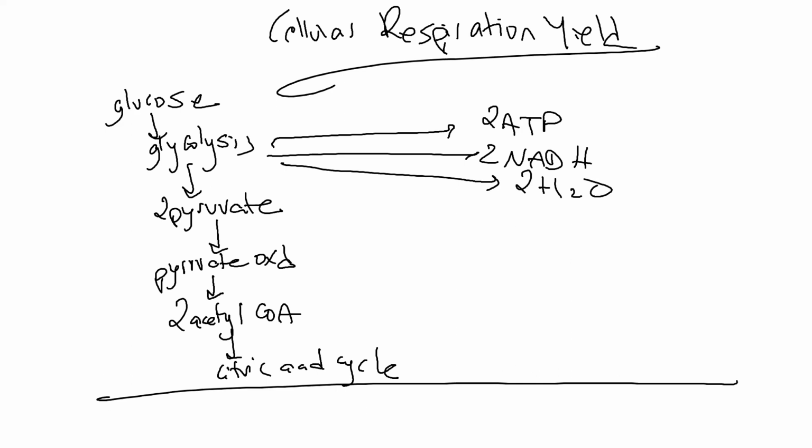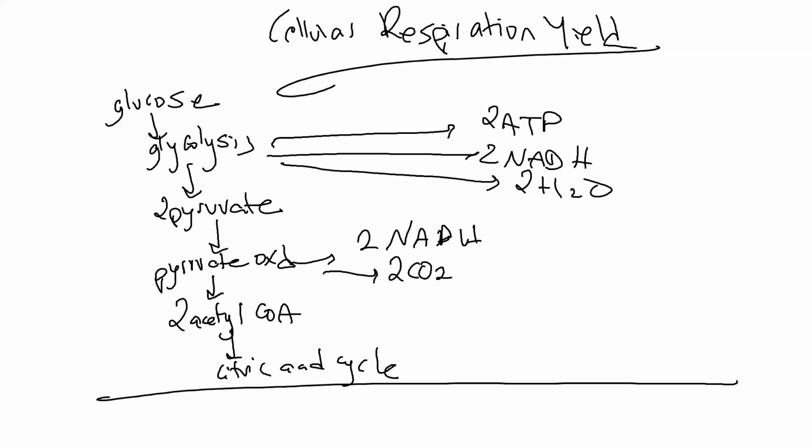This is glycolysis. Now the pyruvate oxidation here will produce two acetyl-CoA, which is here, and will produce two NADH, and it will produce two CO2.